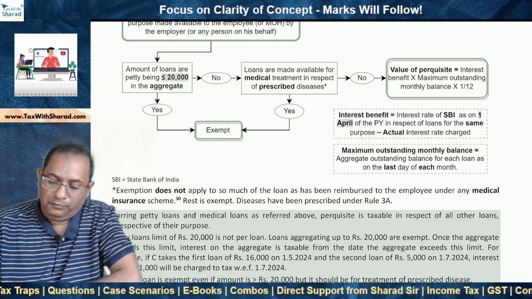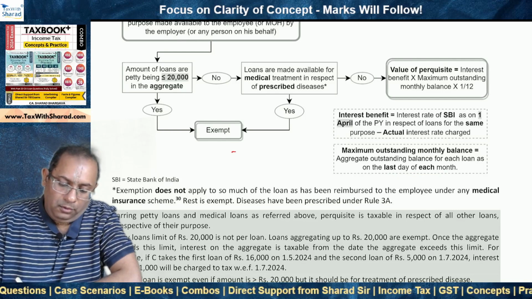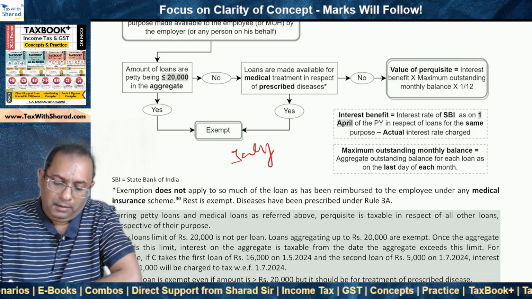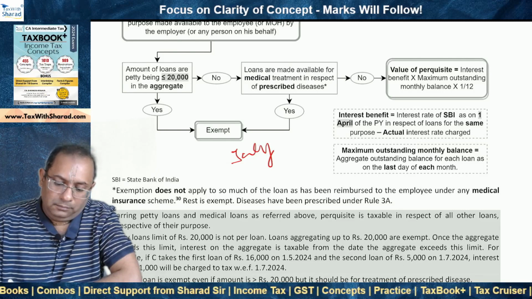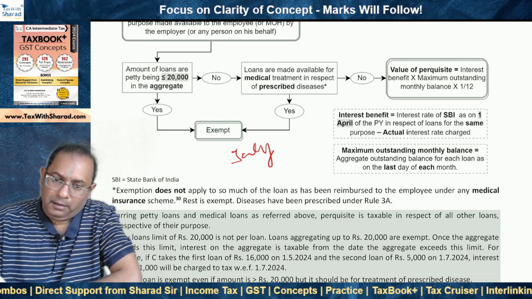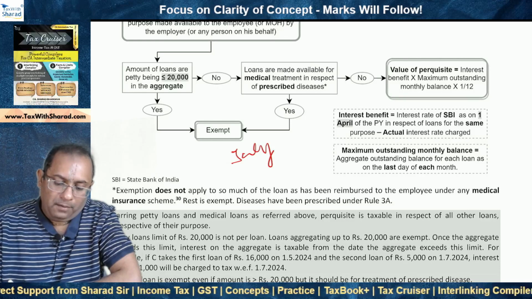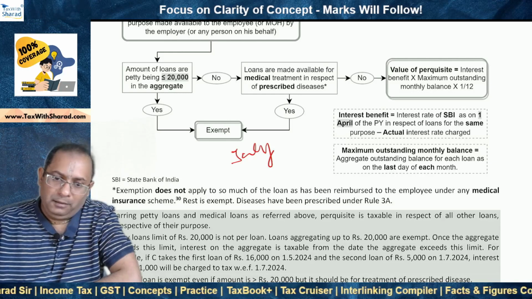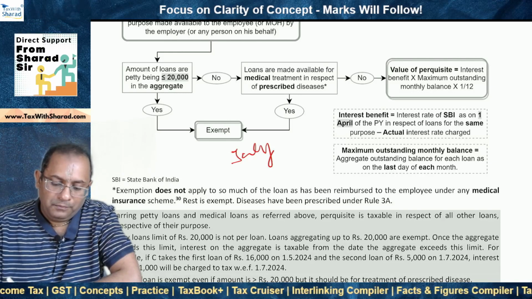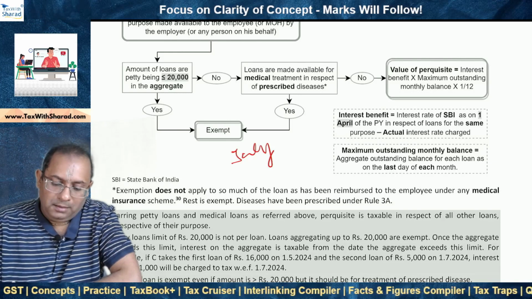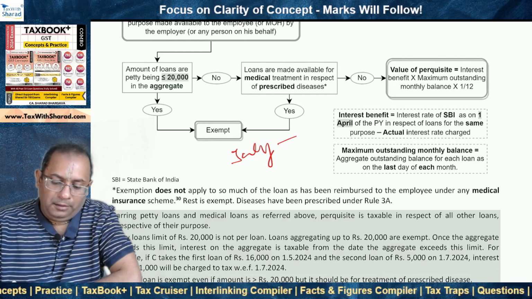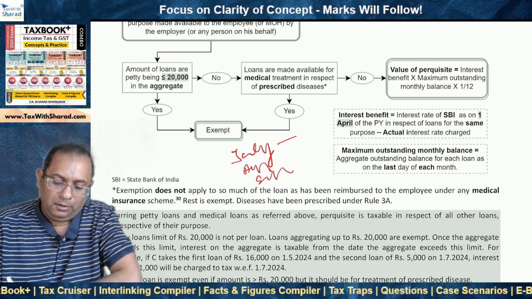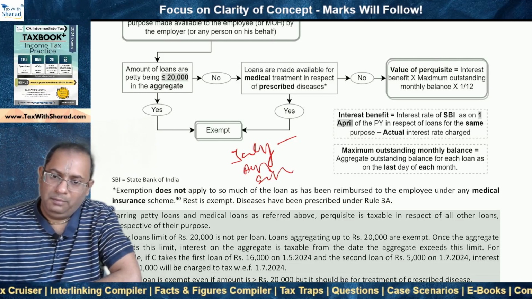So if you have taken a loan in July, and say you are making repayment every month, and you are still repaying the loan at the end of the previous year, so you will have outstanding balance at the end of July, then you will have some outstanding balance at the end of August, at the end of September, October, November, December, January, February, March, so on.